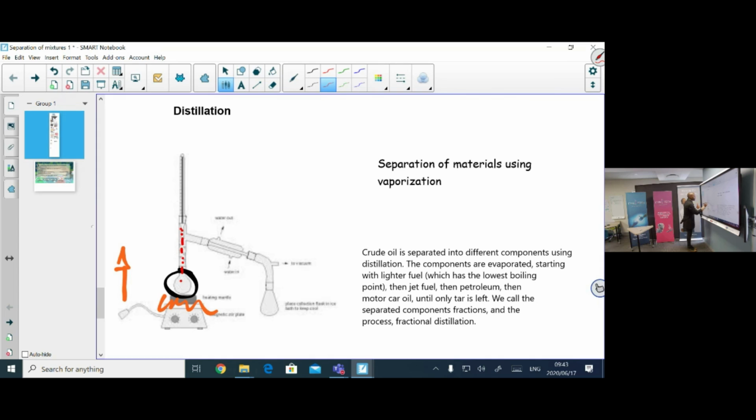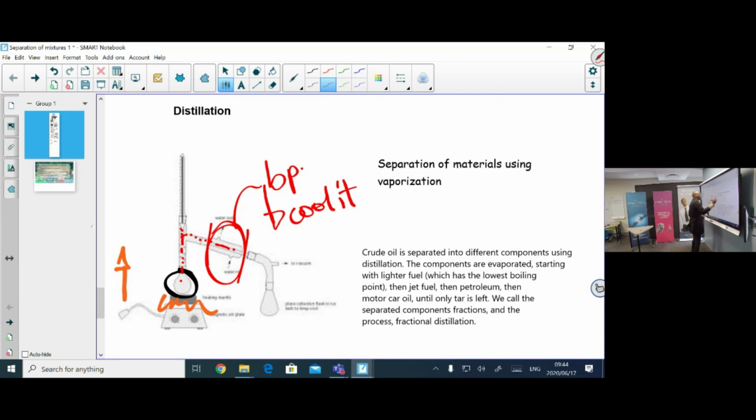And as it evaporates out, here we're going to collect it. We're going to collect it here, but in having the gas here, the gas is passing here, we're going to cool this gas. Because it is at its boiling point, we're going to cool it down by using water.